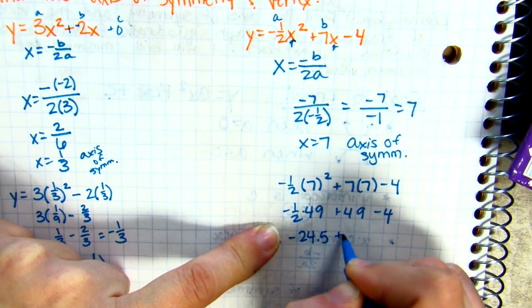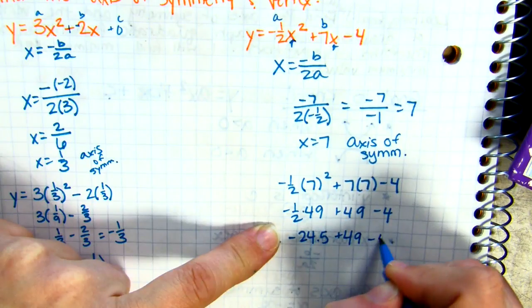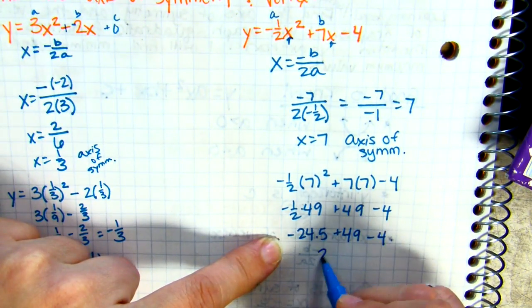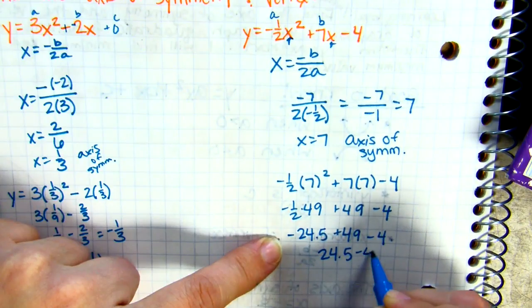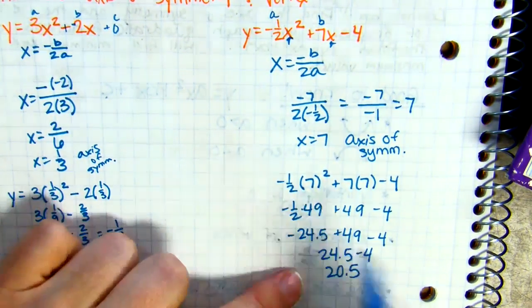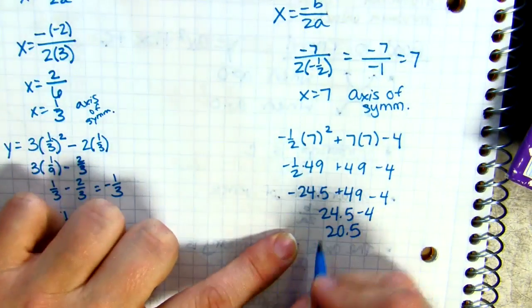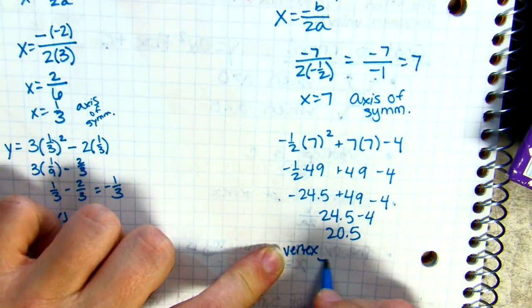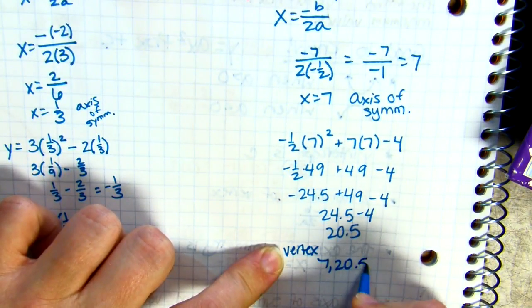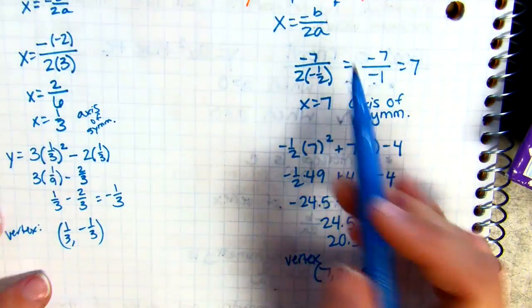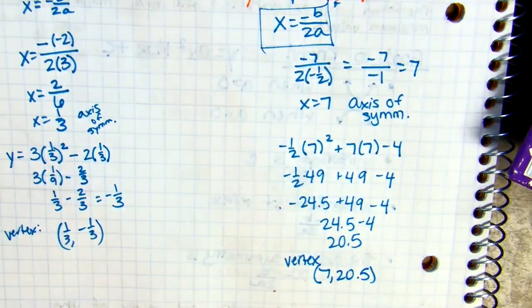Negative 24.5 plus 49 minus 4, so that's going to be positive 24.5 minus 4, or 20.5. That's my y-coordinate. So my vertex has the coordinates 7, 20.5. Hopefully I didn't go through that too quickly. Really, the key was just using the formula that I was given.